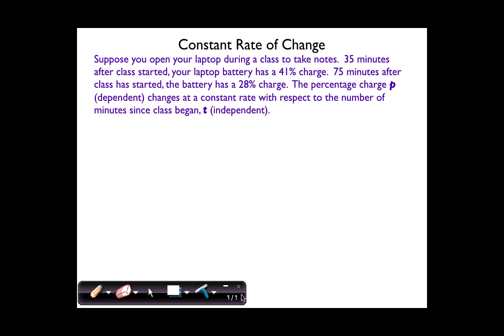But the percentage charge P, let's use that as a dependent variable, changes at a constant rate with respect to the number of minutes since class began. T we'll use for that, the independent variable.